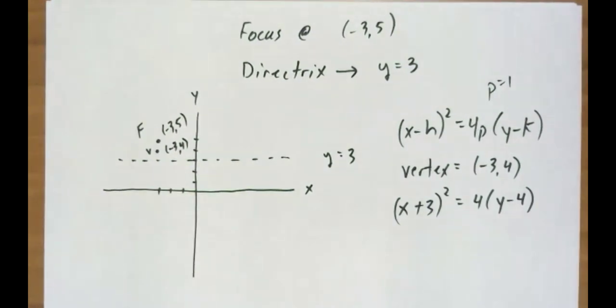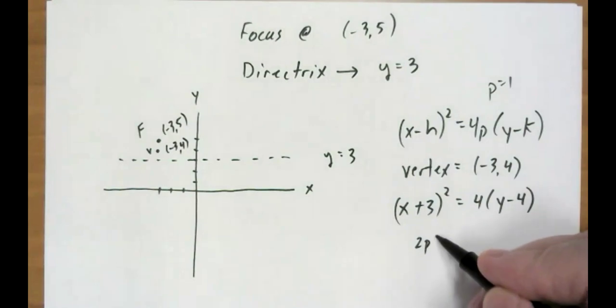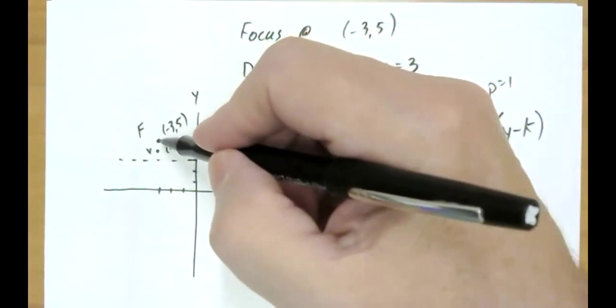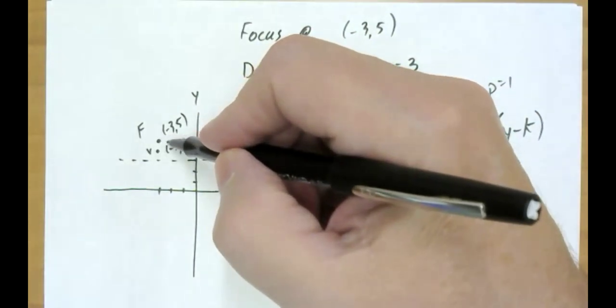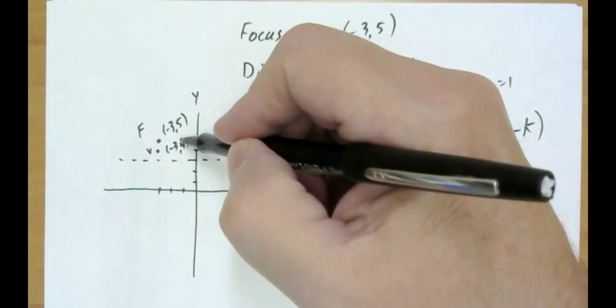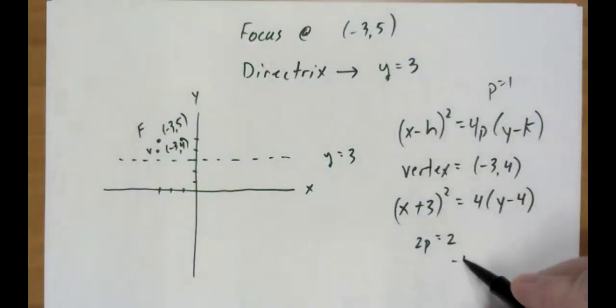Now I think they asked for the latus rectum points, which we get by doing our 2p calculation, which would be 2. So from the focus, I'm going to move 2 to the right. So that point there should be -1, 5.